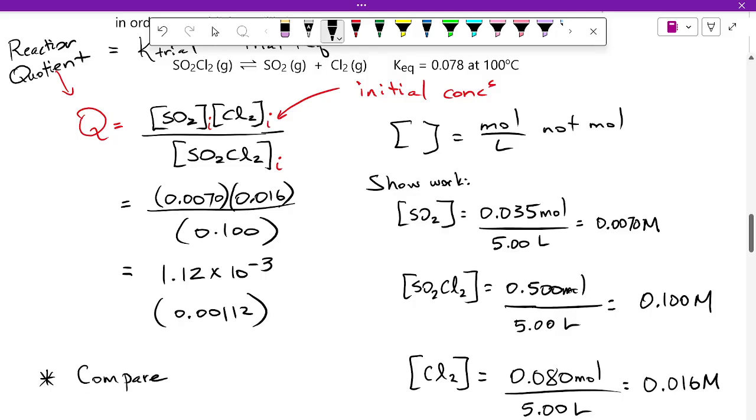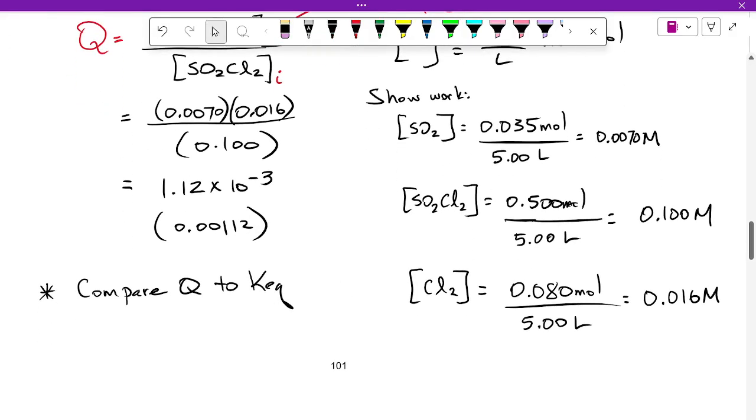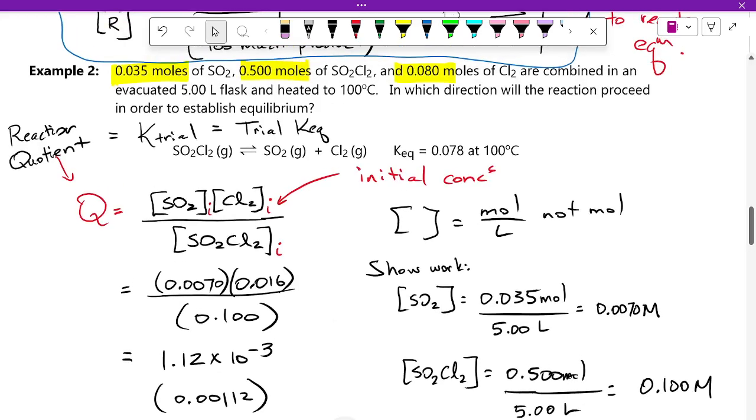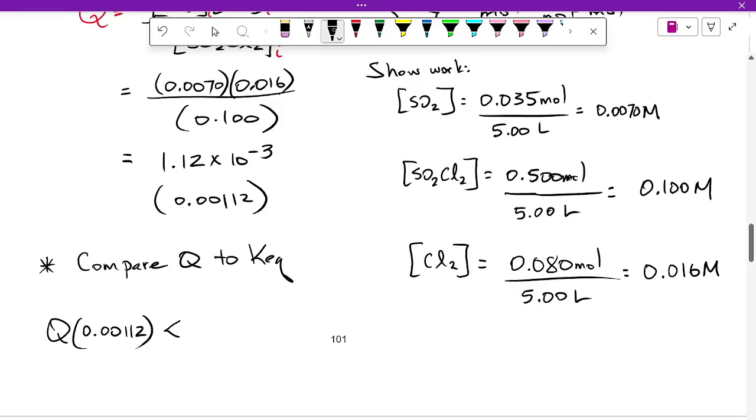Yeah. Compare Q to KEQ. Best way to do that, to show your work very clearly, Q, which is 0.00112, is less than KEQ, which is 0.078.